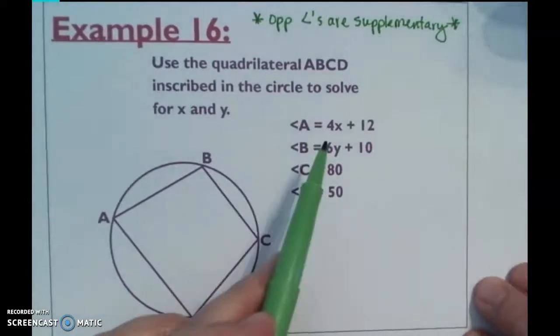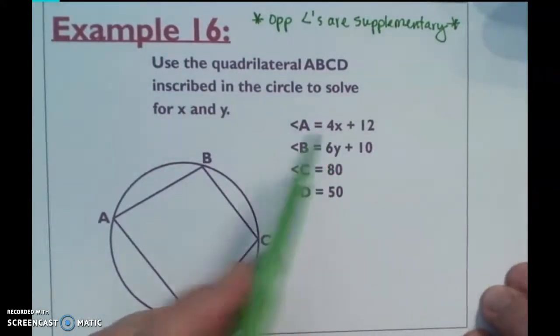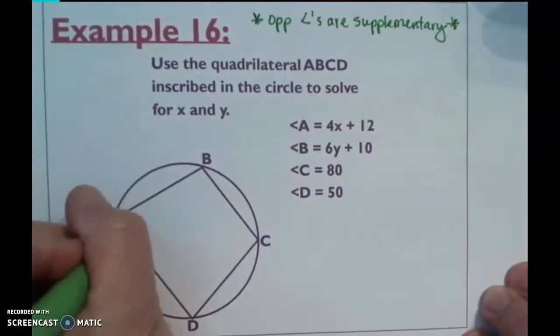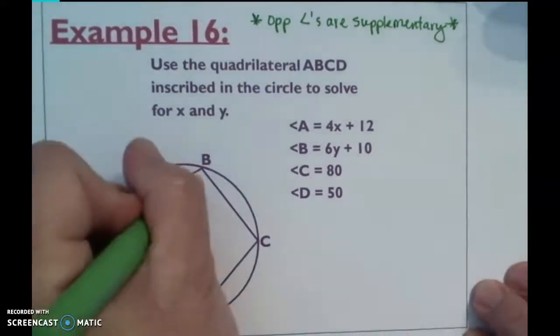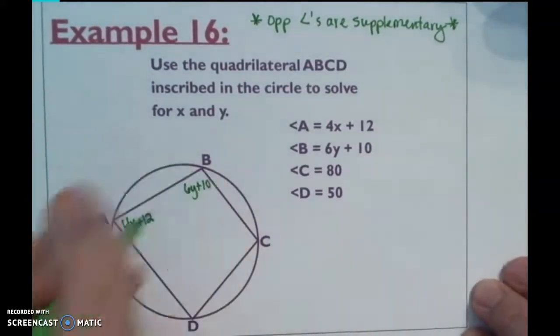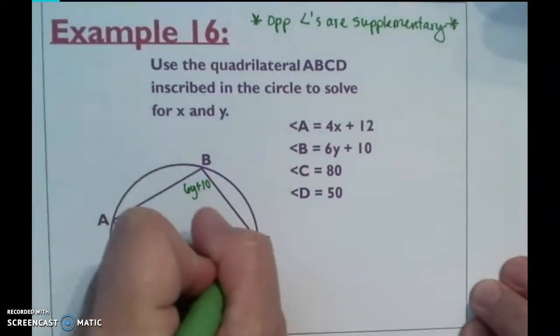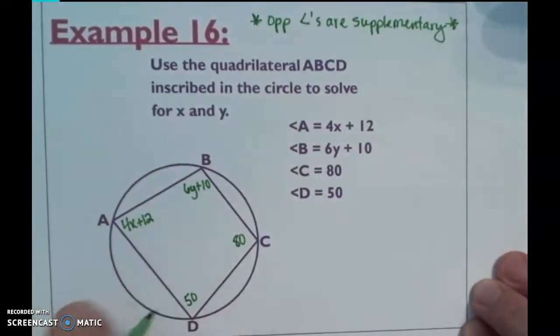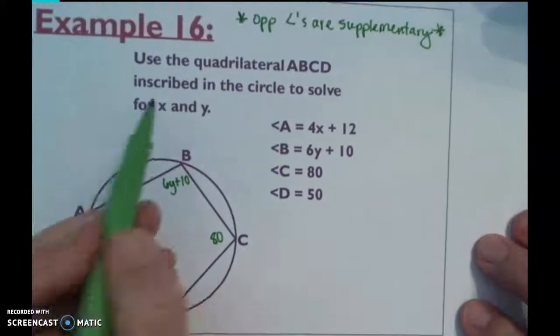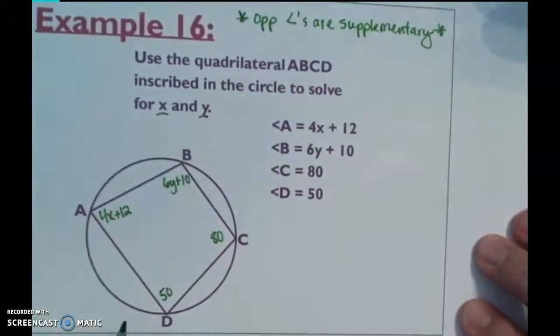We're going to label our picture with the given information. So angle A is 4x plus 12. Angle B is 6y plus 10. Angle C is 80, and angle D is 50. And we are to find X and Y.